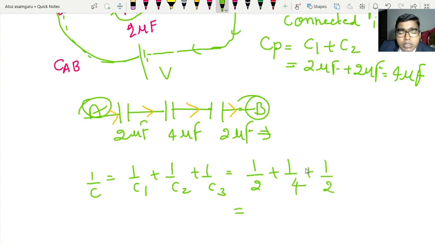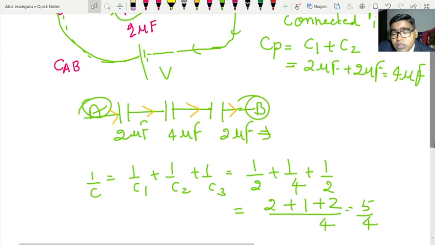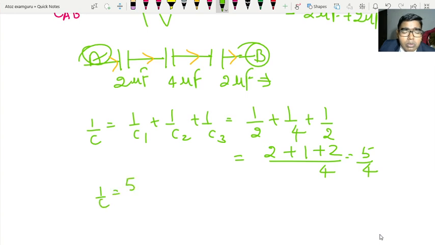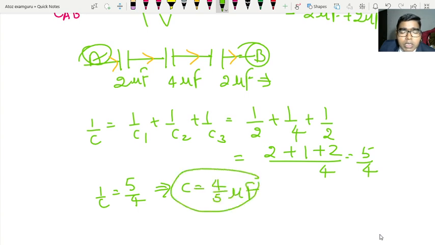Now take the LCM: 2 plus 1 plus 2 divided by 4, which is 5 by 4. So 1 by C equals 5 by 4, or C equals 4 by 5 microfarad. This is the answer of this question.